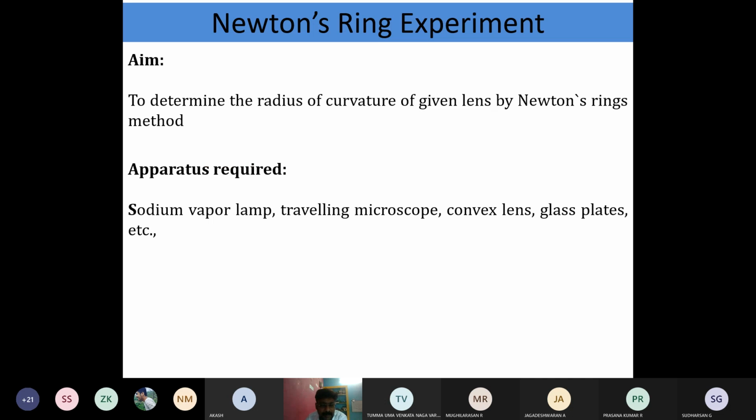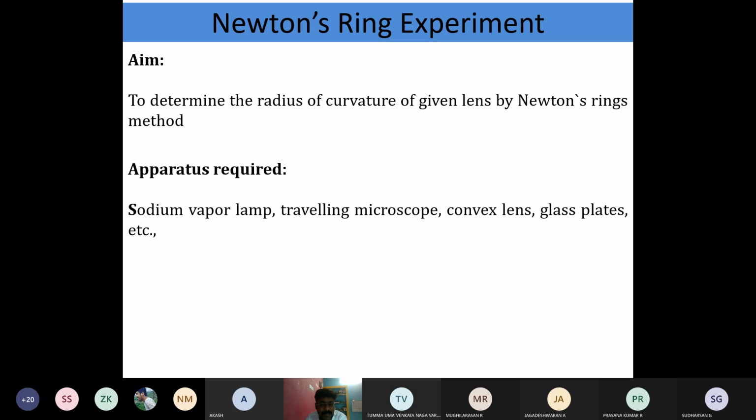The aim of the experiment is to determine the radius of curvature of the given lens. The lens used here is a convex lens. We are going to pass light radiation to fall over this convex lens.